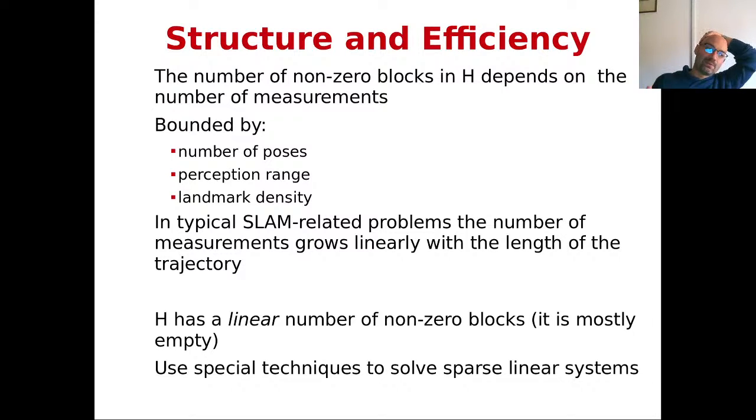Given that each measurement leads to a factor, and each factor makes dirty a constant number of elements in H, the number of non-zero blocks will grow linearly with the trajectory of my robot, while the potential number of non-zero blocks of my matrix H will grow quadratically, because it's a matrix, it's not a vector. Okay?